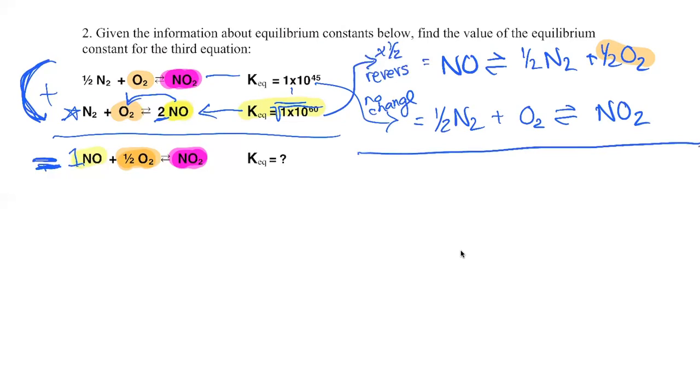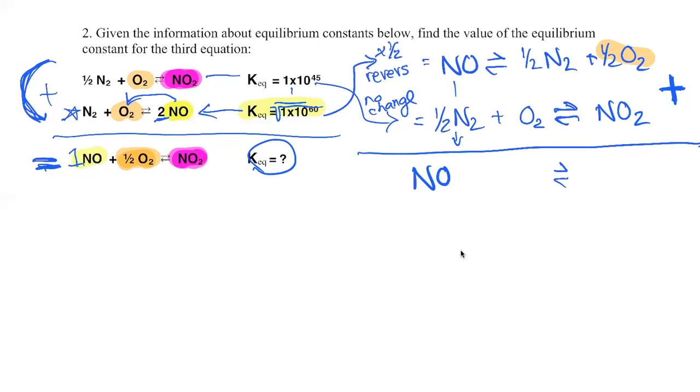So now I'm going to look and make sure that when I add these two equations up, that they will actually give me my target before I solve for the KEQ of my target equation. So NO is going to come down. Okay, there's nothing for it to cancel out with or add with, so it's just going to be NO. Then still on this side of the equilibrium arrows, I've got 1/2 of an N2.